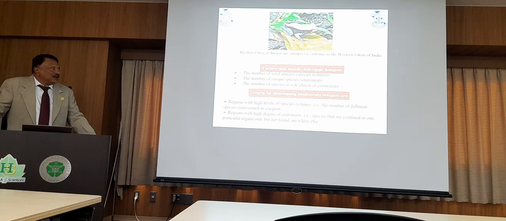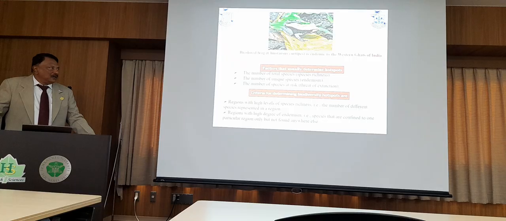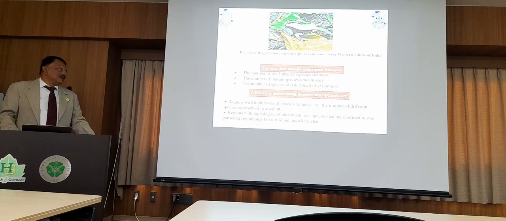The criteria for determining biodiversity hotspots are regions with a high level of species richness, the number of different species represented in a region, and a high degree of endemism, that is, species confined to one particular region and not found anywhere else.